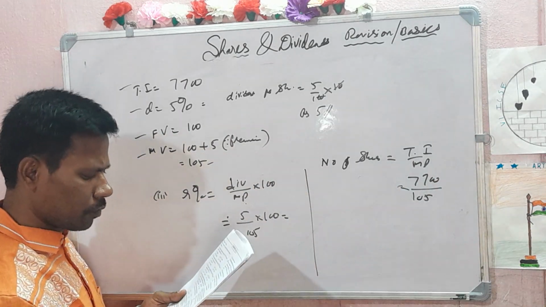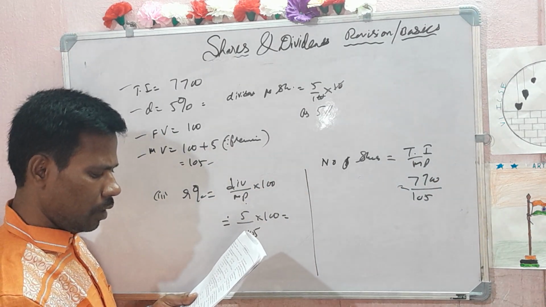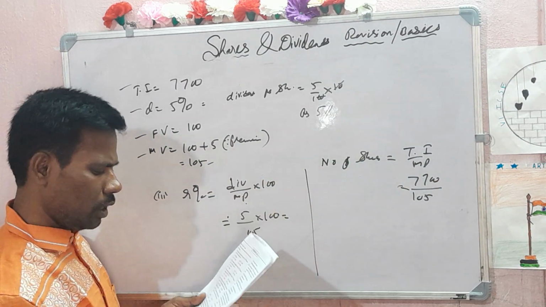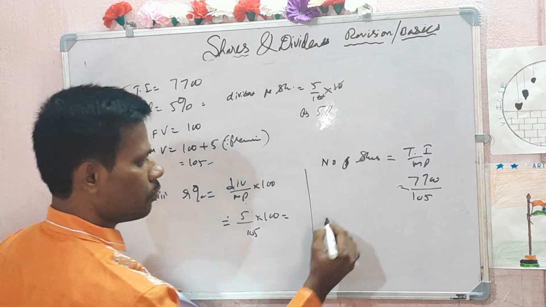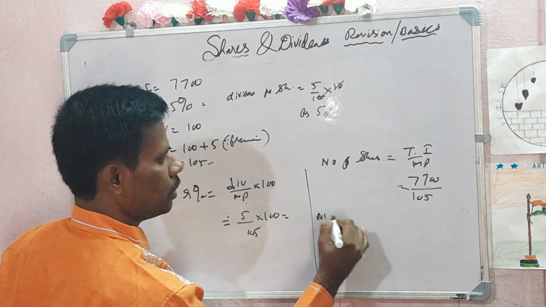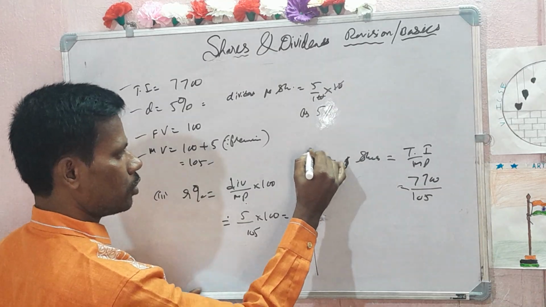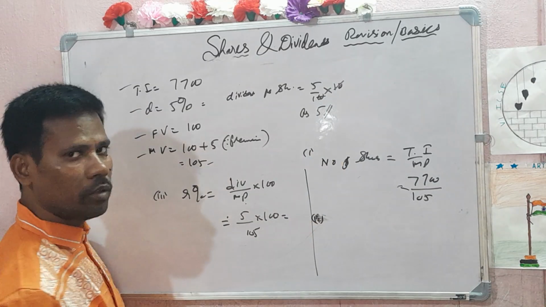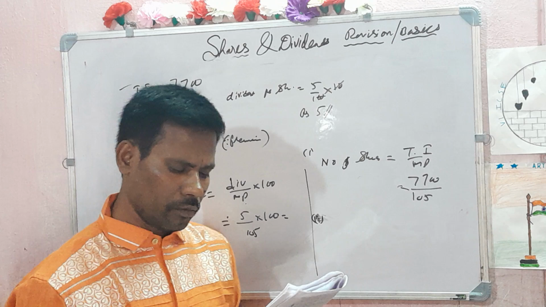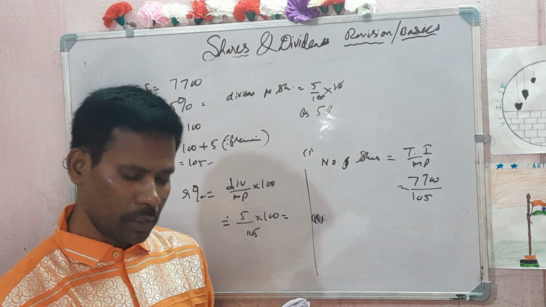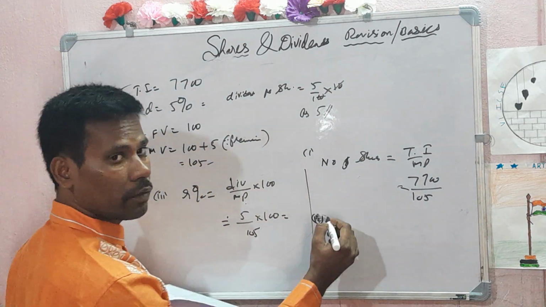Next one, annual income. Sorry, the second bit is annual income; this is the third one, this is the first one. Second bit: annual income is nothing but annual dividend. How to get dividend? Write the formula.